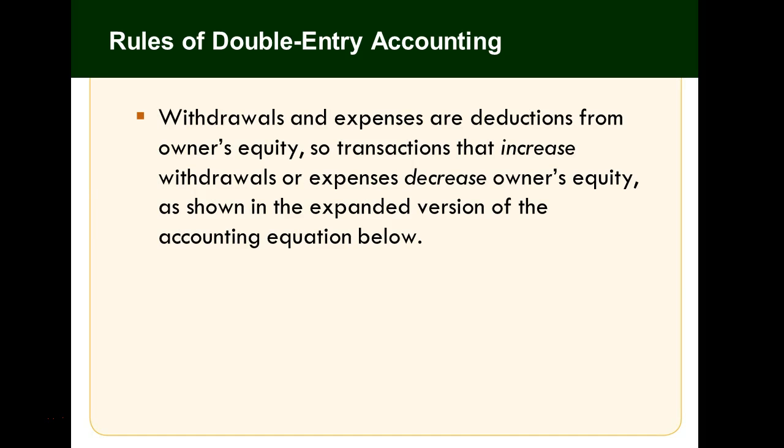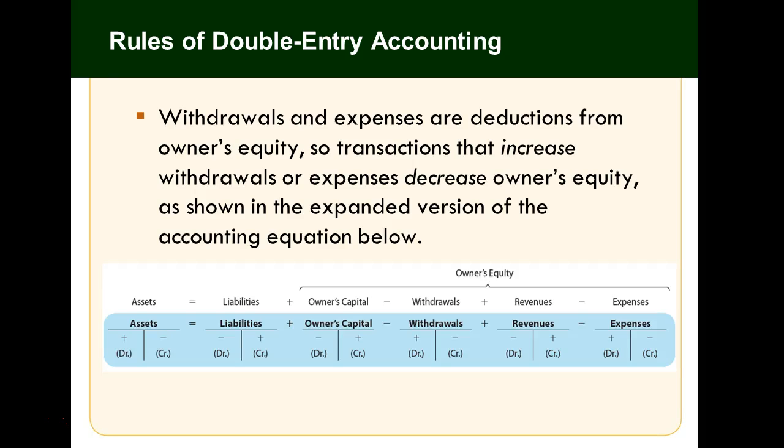Withdrawals and expenses are going to be deductions from owner's equity. So transactions that increase withdrawals or expenses ultimately decrease our owner's equity, don't they? We're using up owner's equity. So as you see here, for now, we're going to show assets equal liabilities plus owner's equity.